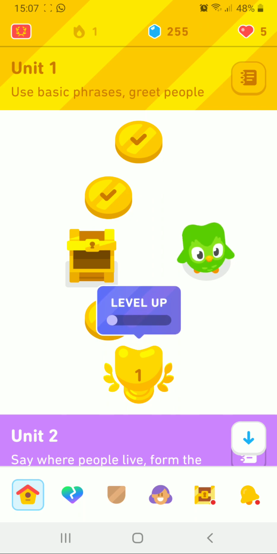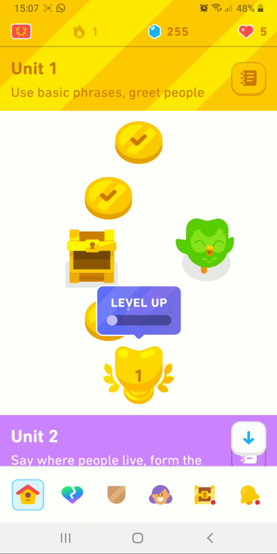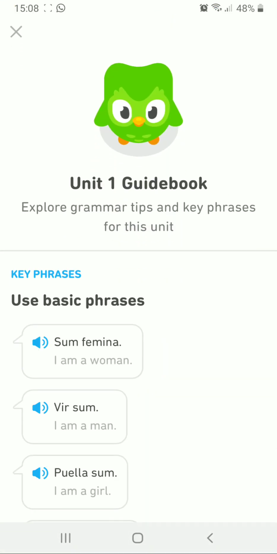So let's have a look here at unit 1. Let me move this. Yes, right.